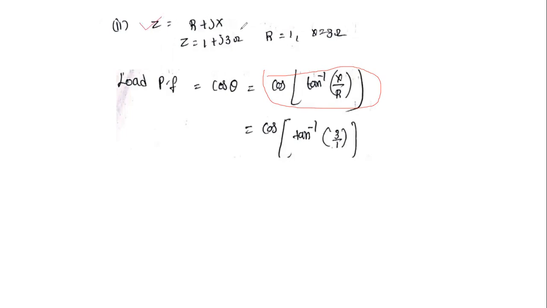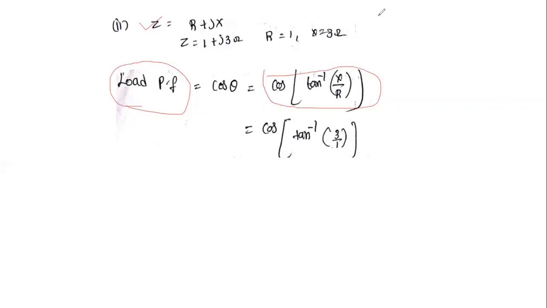Substituting, it is cos of tan inverse of 3 by 1. This is the load power factor at which the maximum drop will be obtained.